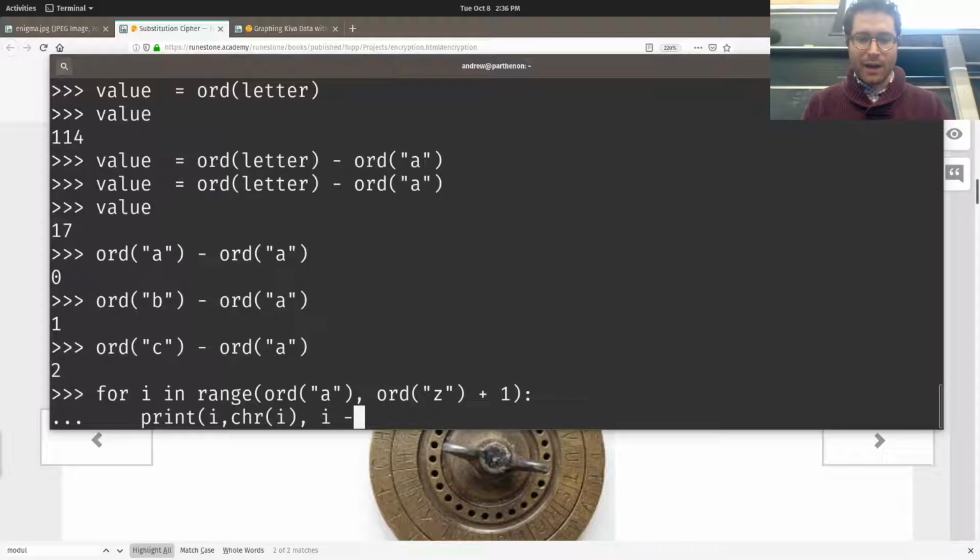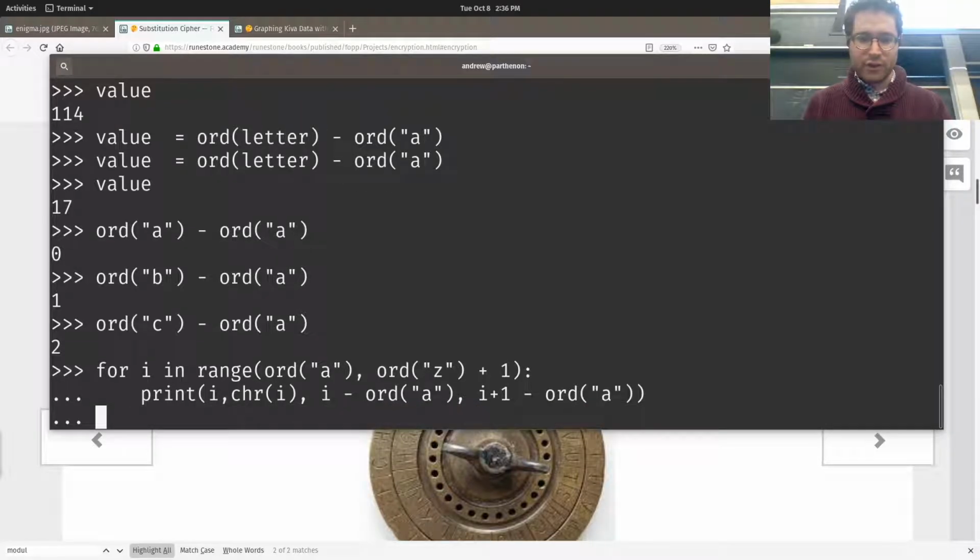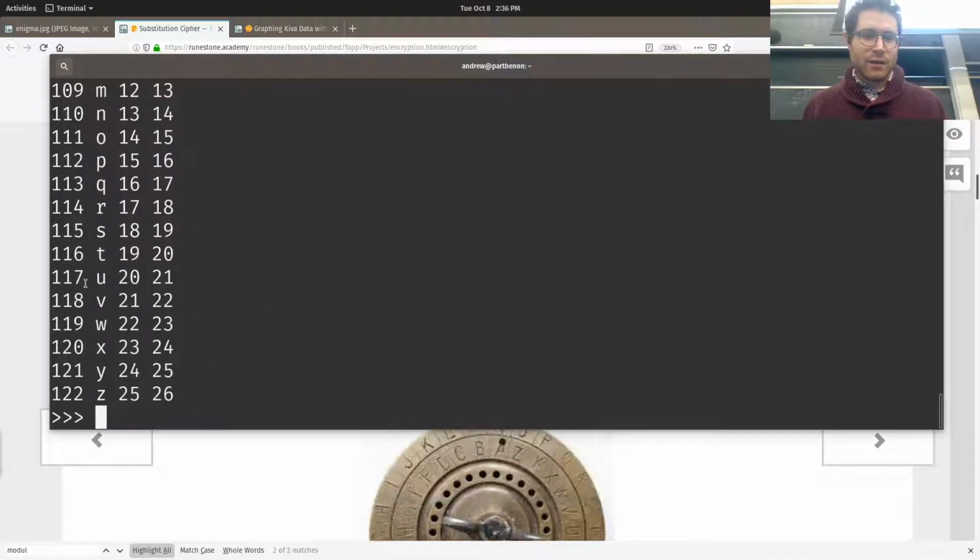Just i minus ord of A, and then i plus 1 minus ord of A. That plus 1, I'm not going to really use it anywhere else, but you'll see why in just a second.